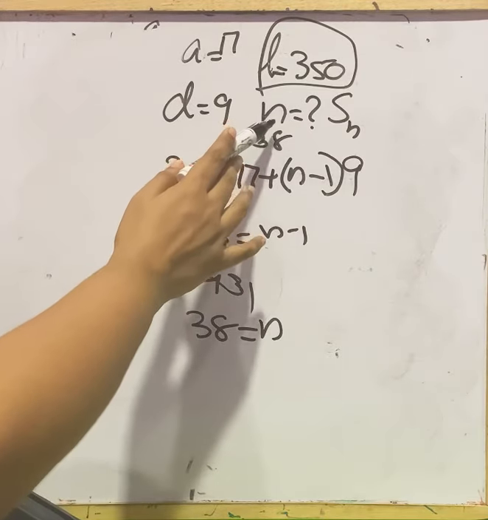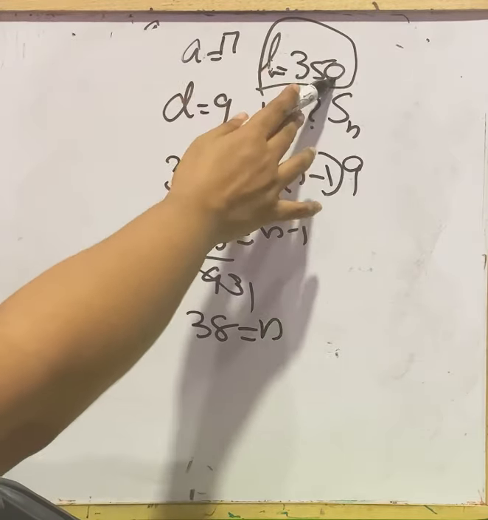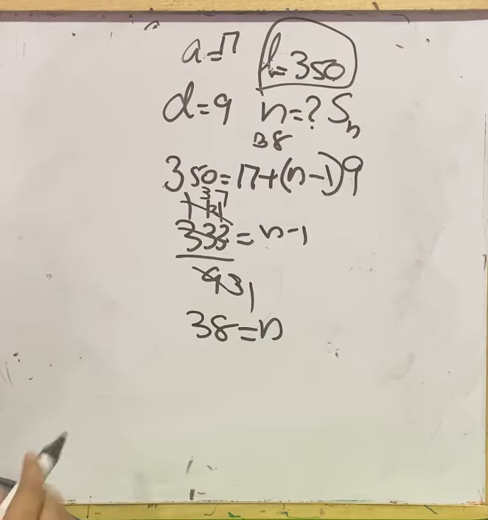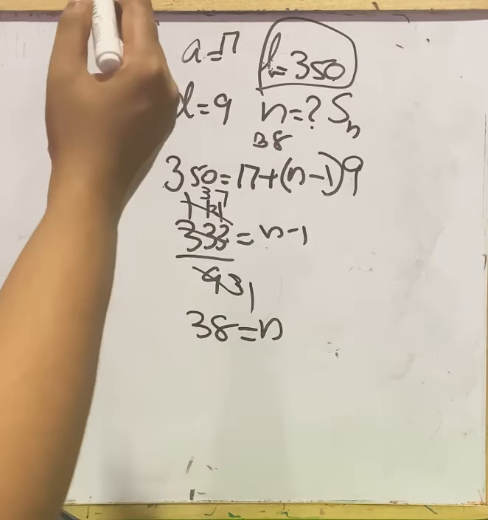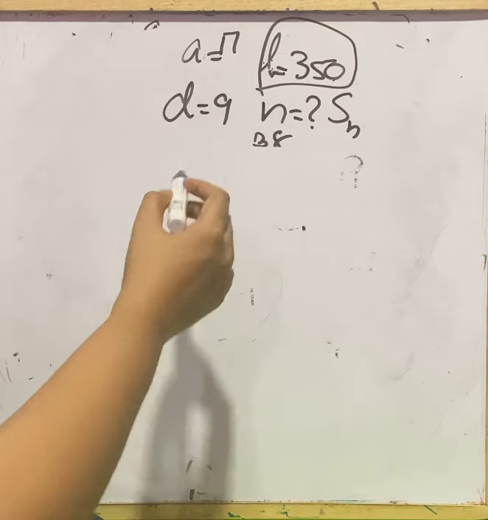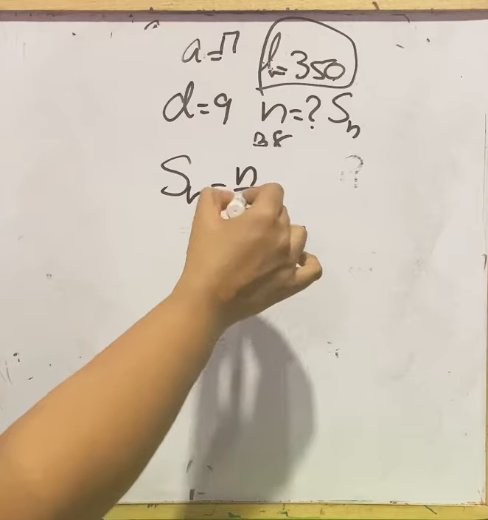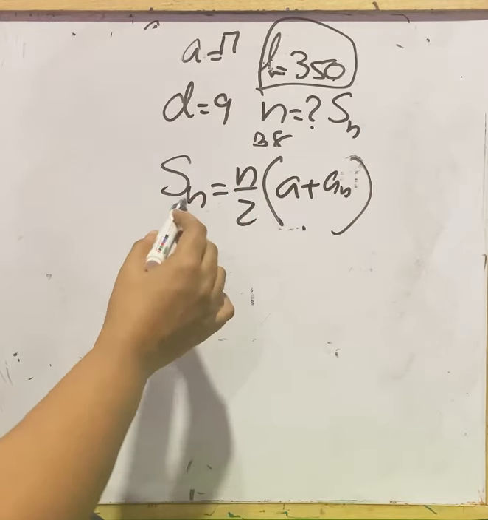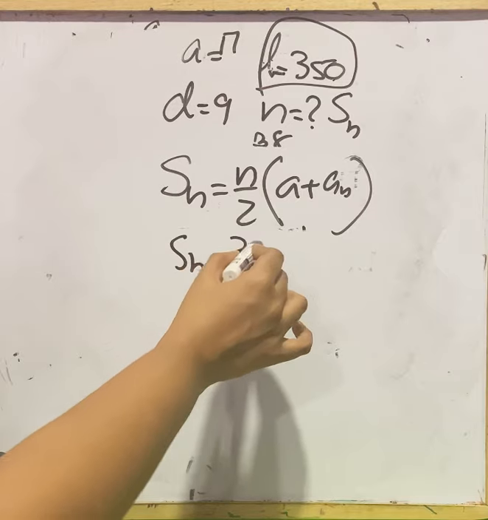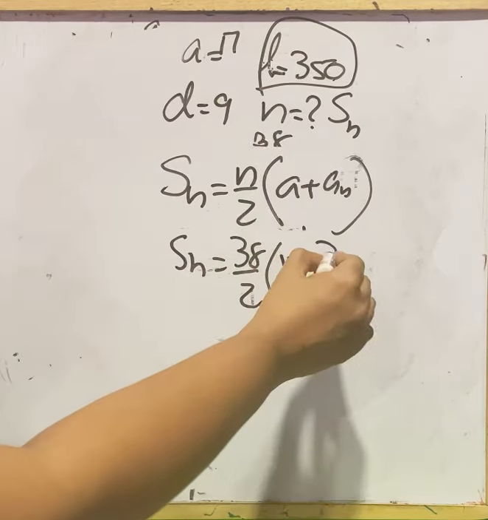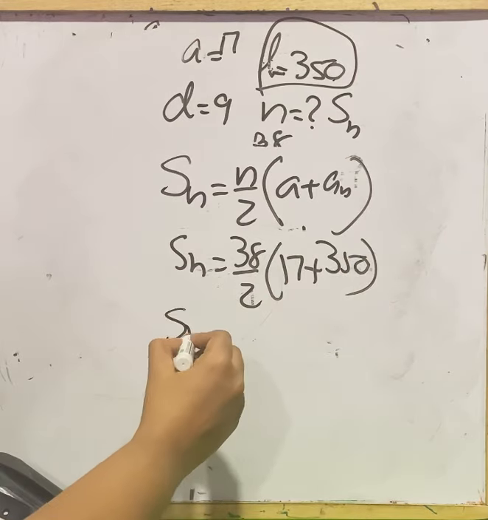So it means this is the 38th term. Also it is given, it is the last term. That means in this AP we have only 38 terms. Now finding sum, Sn equal to n/2 into (a + an), last term. Now Sn equal to n is 38 by 2 into 17 plus last term 350.